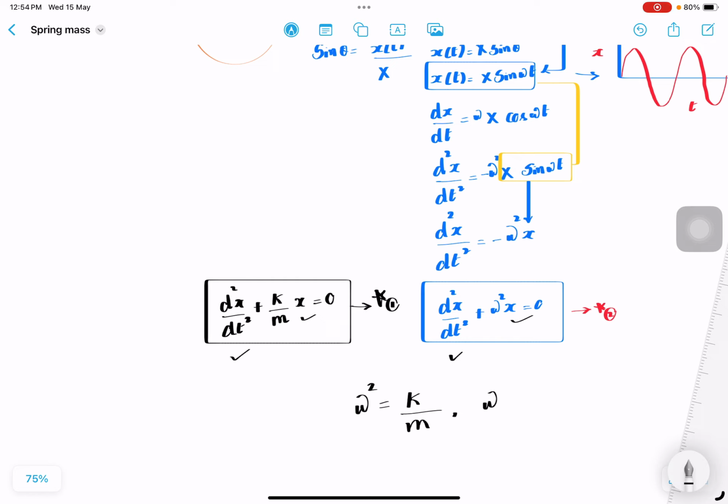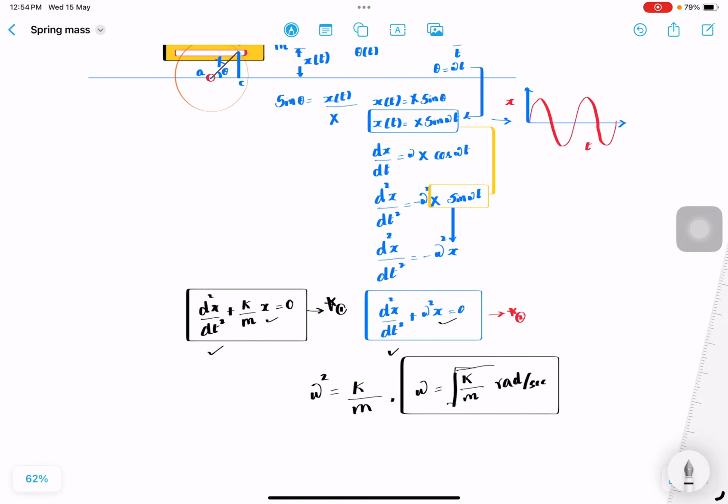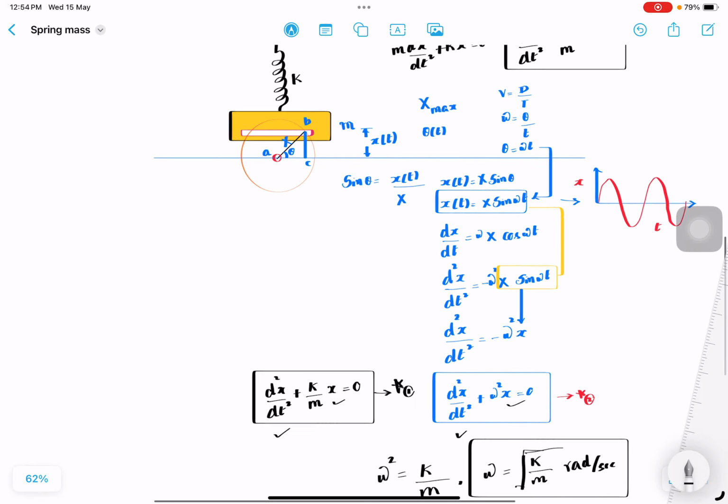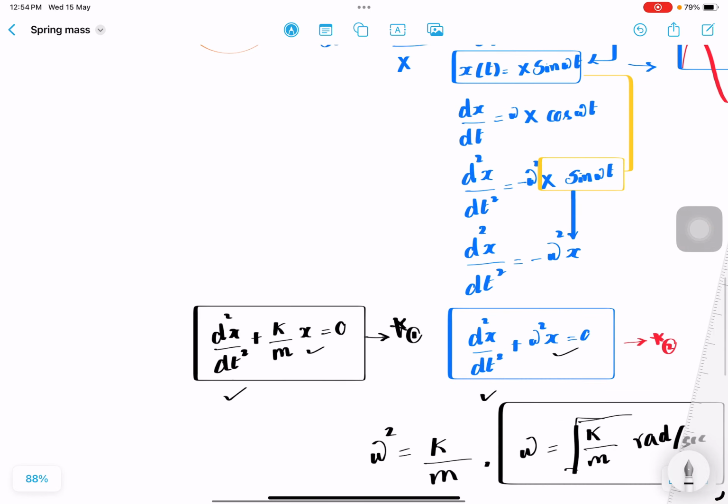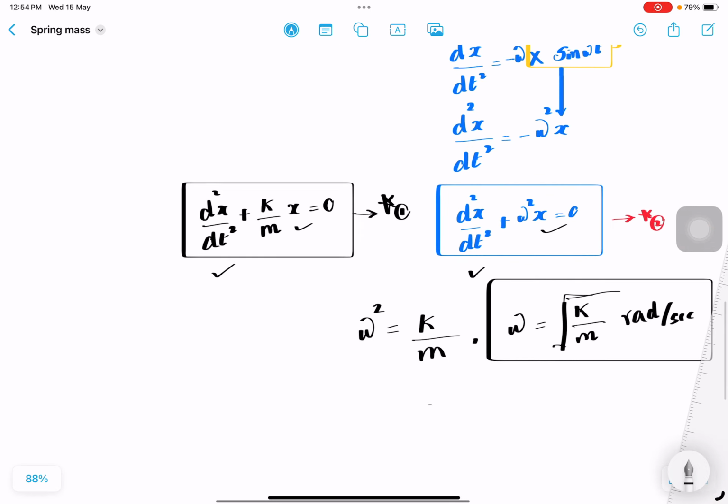So I can say omega is equal to root over k divided by m. Of course, it's in radians per second. So that's the expression for natural frequency in radians per second. If you want to convert this into cycles per second, that's perfectly fine, because 2 pi radians will be 1 cycle.